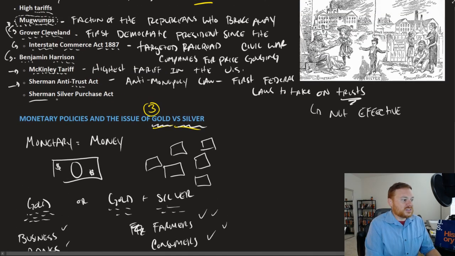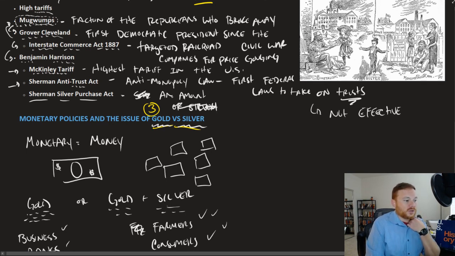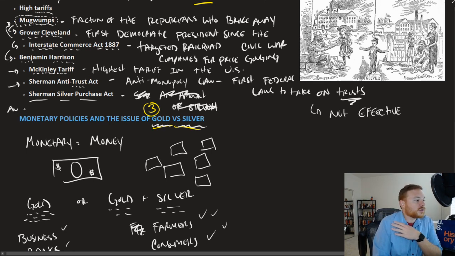The Sherman Silver Purchase Act allowed for an amount of silver to count towards the monetary system. Jeez, I can't write.